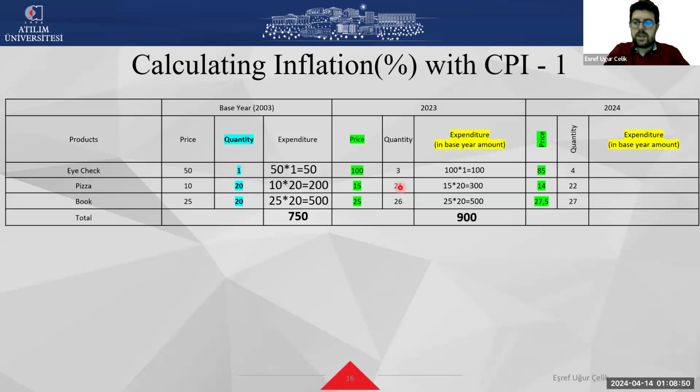And the same logic with 2024. We take the quantity of the base year, and for the price, what I asked to you, 1 multiply 85, 20 multiply 14, 20 multiply 27.5.